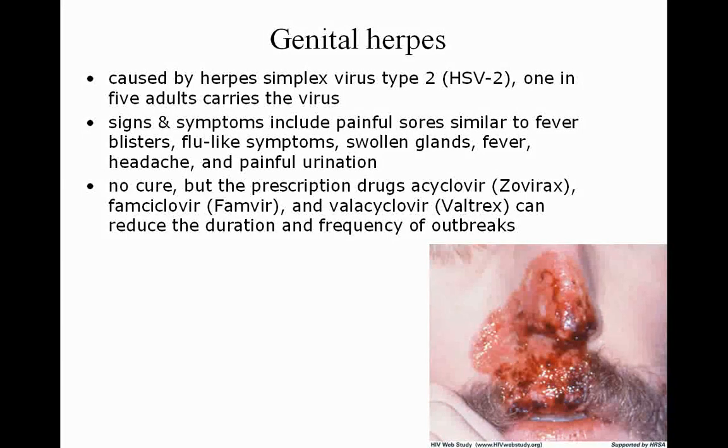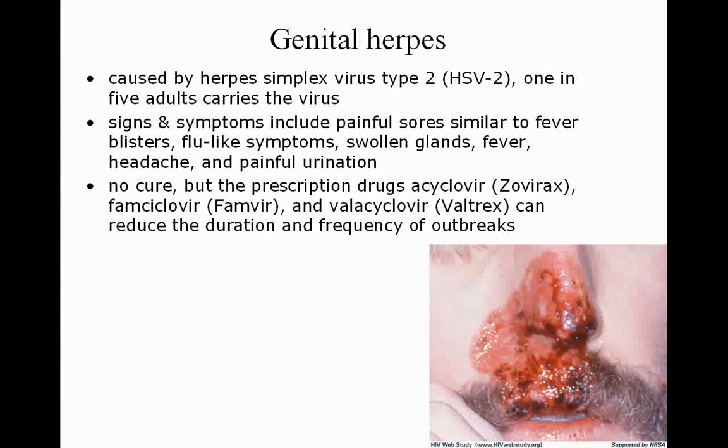They're very painful sores, but just because they're infected doesn't mean they have the painful sores. The sores will be present for a certain amount of time, and then the sores will disappear, but the person still has the infection. It's caused by herpes simplex virus type 2, abbreviated HSV.